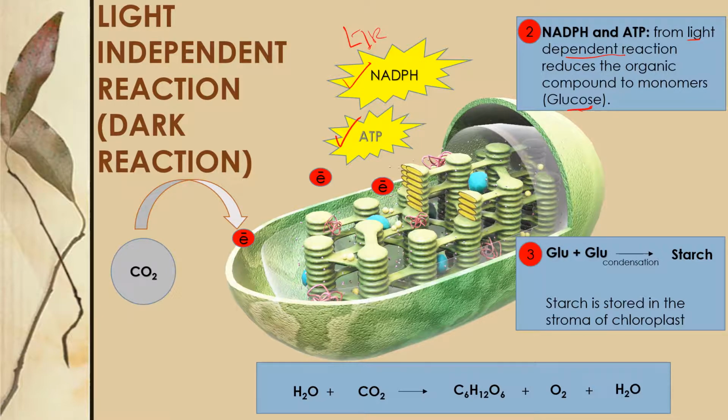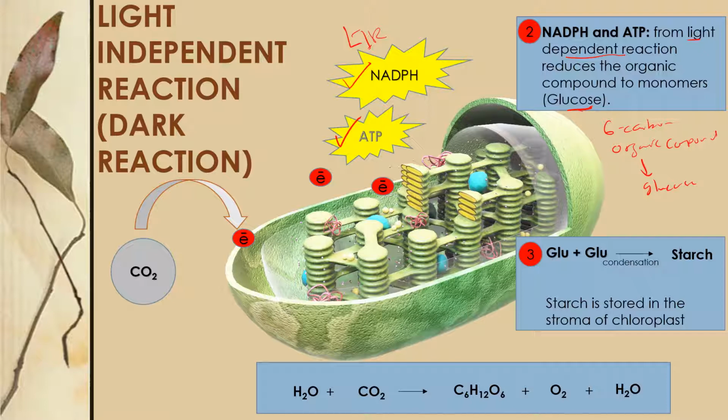Okay, dia guna balik NADPH ATP untuk reduce the organic compound to monomer glucose. Yang tadi tu lah organic compound is 6 carbon tadi. 6 carbon organic compound. Okay, to produce apa? To produce glucose.